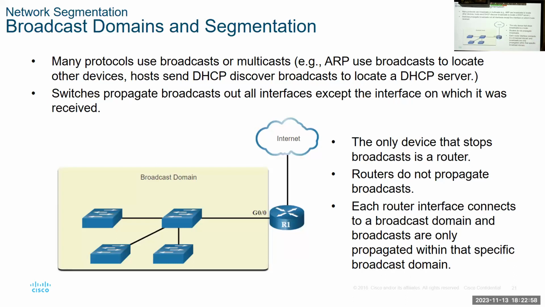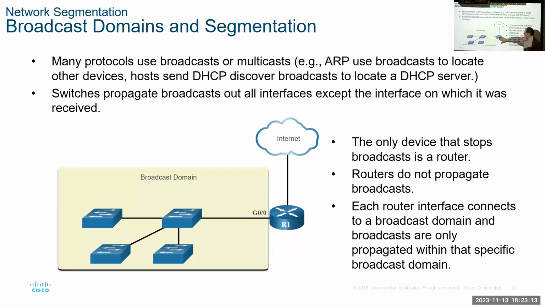So they're just going to throw the packet away. So you want to take those 1,000 computers and break them up into smaller broadcast domains, which means subnetting, which means having a router interface for each of your subnets.